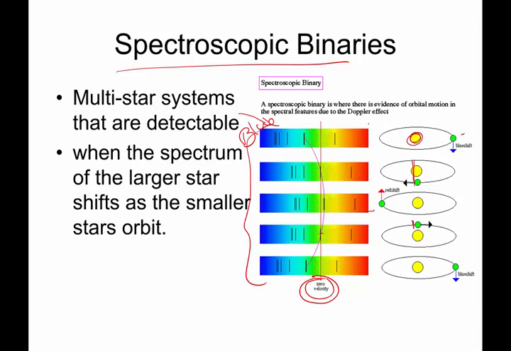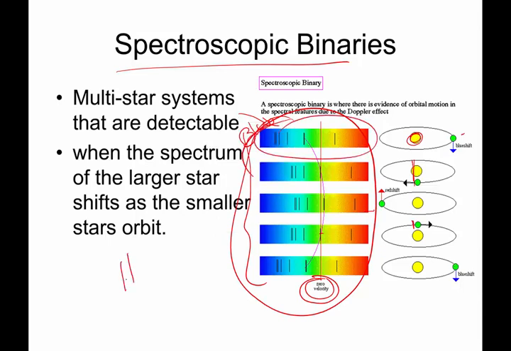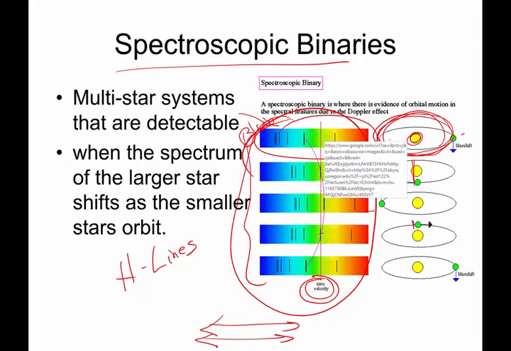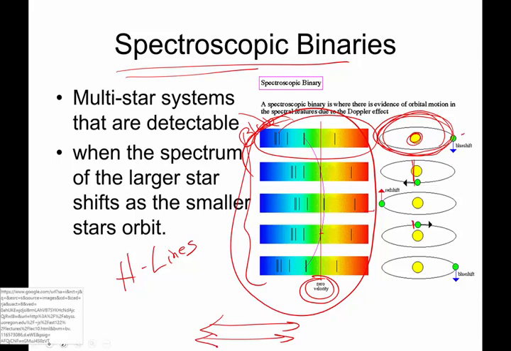So when you're looking at the light output of a particular star, if it gives you the Fraunhofer lines or the hydrogen lines, and these lines seem to shift back and forth over time, sometimes so small you can't even see them, what this means is there is definitely something orbiting the big star and causing its spectra to shift left, right, left, right. That's called a spectroscopic binary.